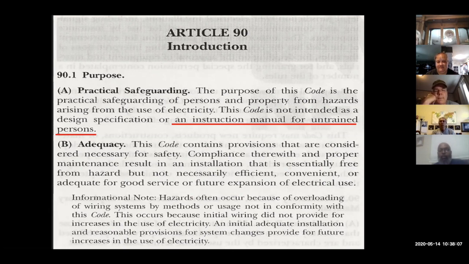manual for untrained persons. Well, we think about what is a trained person? Well, that's an electrician. Well, maybe yes, maybe no. The actual definition of that is one that is thoroughly knowledgeable in AC and DC theory. How does electricity work? And that's why I started off with the pump and the valve and that sort of thing. If we know how electricity works, then we can install it safely according to the information given to us in the code.